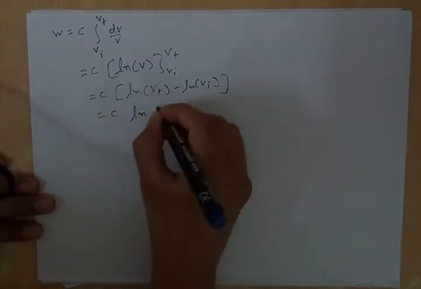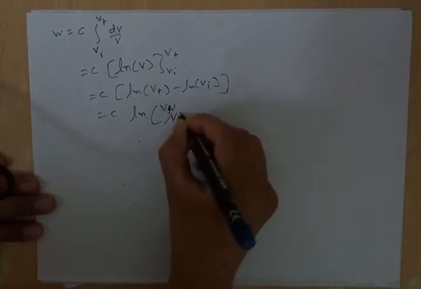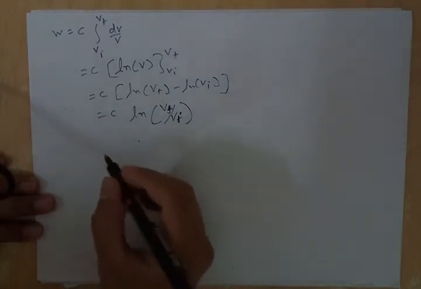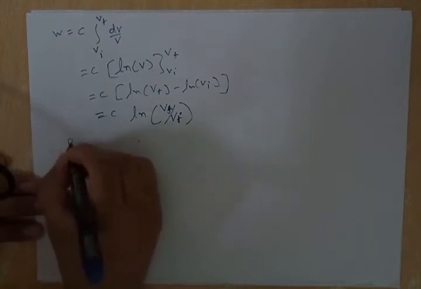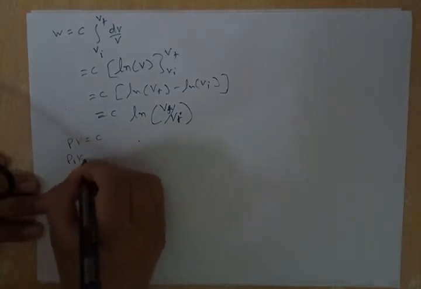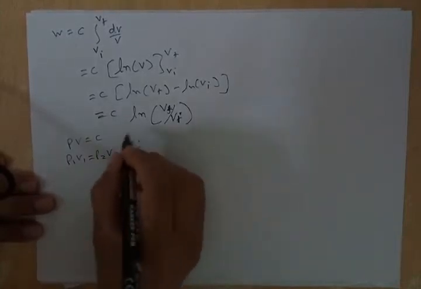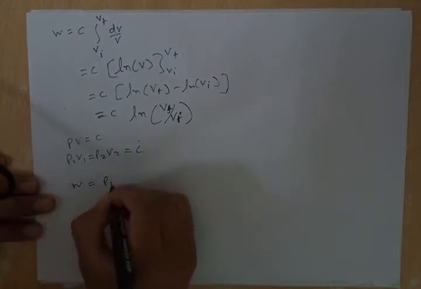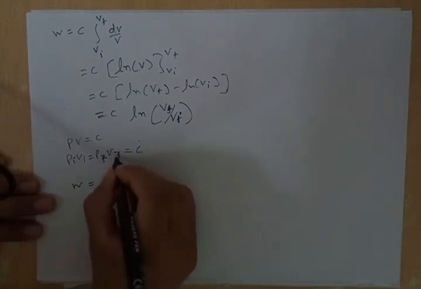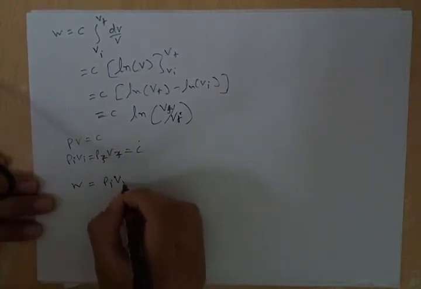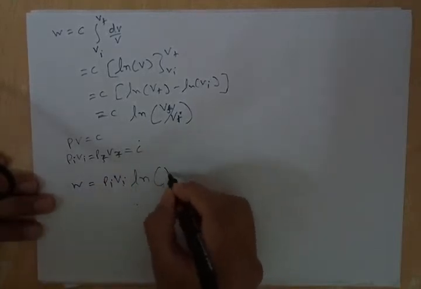So using properties of logarithm, we can write ln of Vf upon Vi. Now PV is equal to constant. So we can write P1 V1 is equal to P2 V2 is equal to constant. So we can replace value of C. So we will get Pi Vi, Pf Vf is equal to constant. So W is equal to Pi Vi natural log of Vf upon Vi.